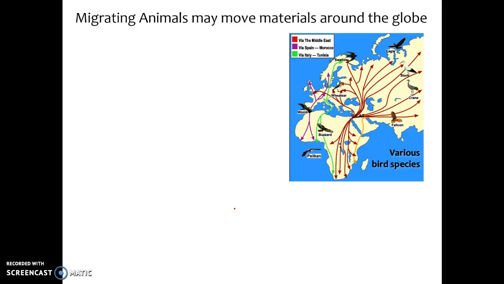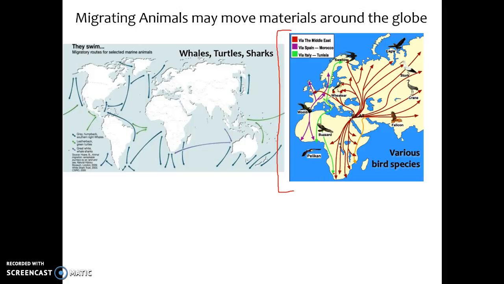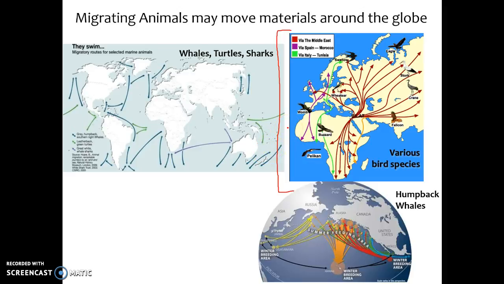Another way that materials move around the globe is in the bodies of animals. So we know that various birds migrate. This is showing you bird migration across Europe and Asia and Africa. So a lot of birds move very long distances over the span of a year. Whales, turtles, sharks also move through the ocean. Here's another picture of humpback whales moving from their winter breeding areas in different locations to where they feed in the summer.